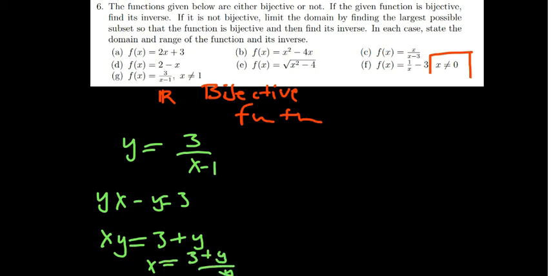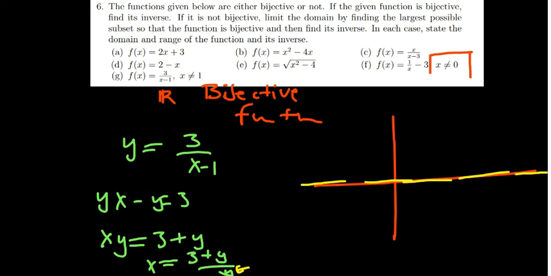So already we're able to sketch this graph. The horizontal asymptote is y should not be equal to 0. So I believe that is the x-axis. And then the vertical asymptote is x should not be equal to 1.